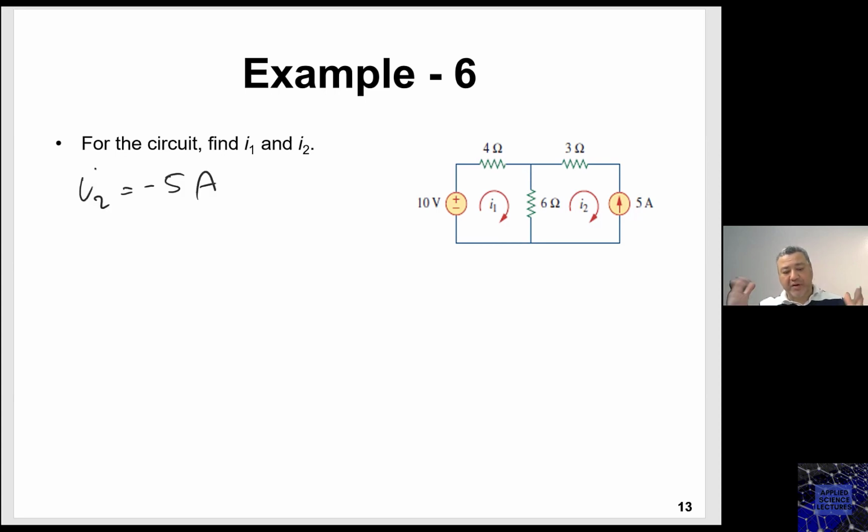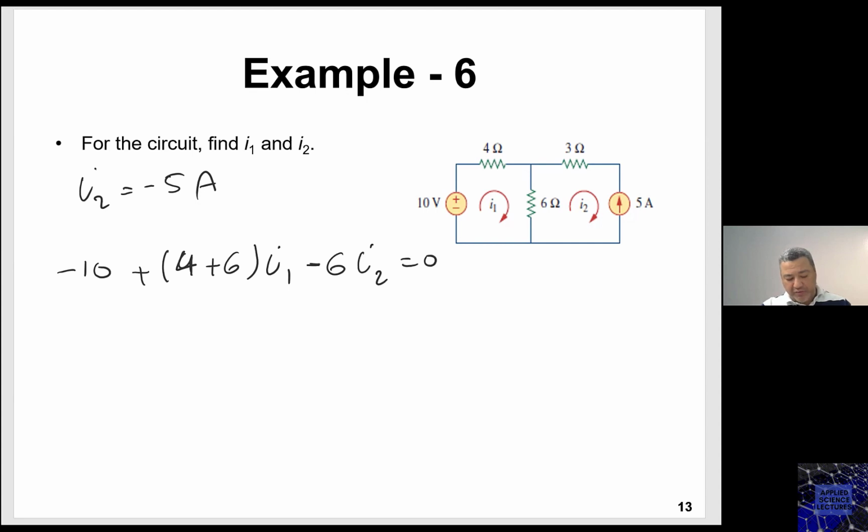So one of my variables became known, and then I only need to write the mesh equation for the first mesh, which I can do by inspection: minus 10 plus 4 plus 6 I1 minus 6 I2 equals 0.